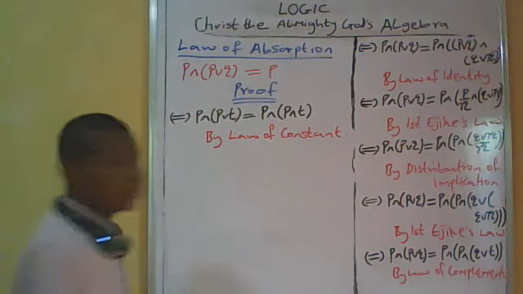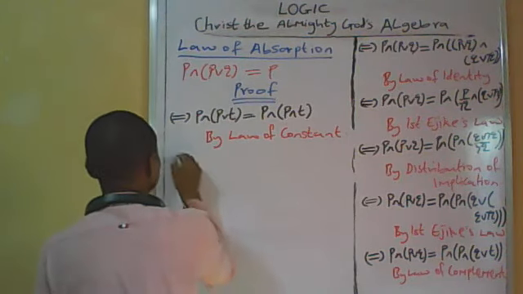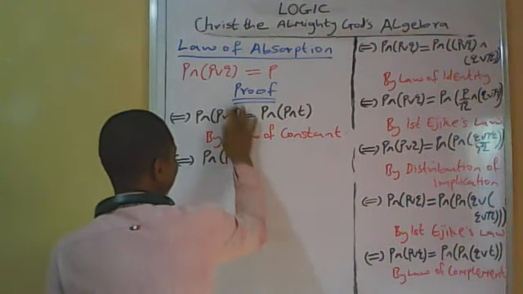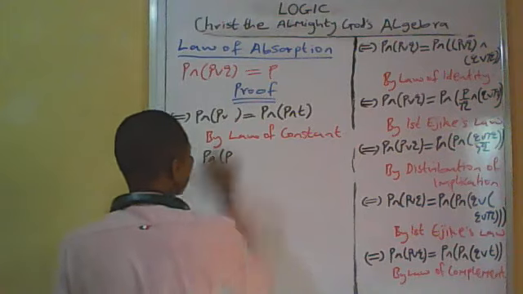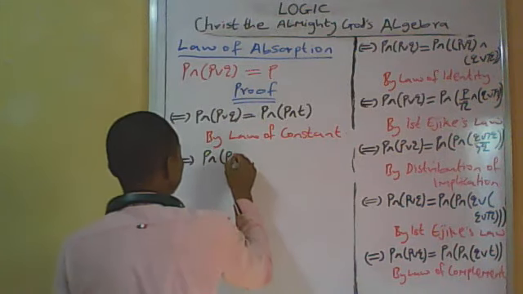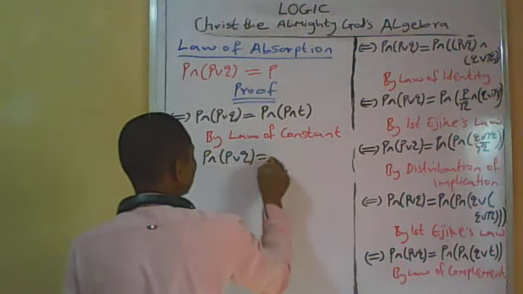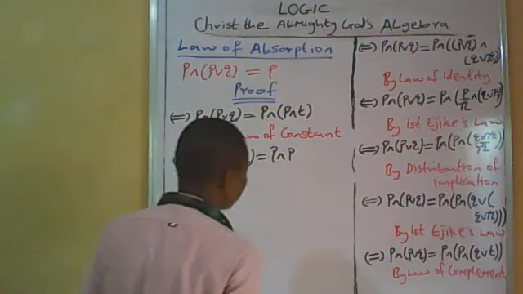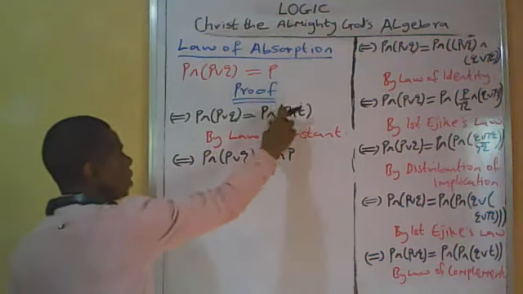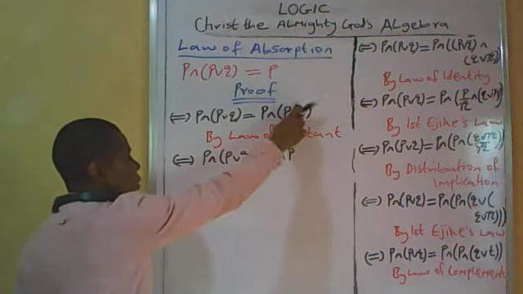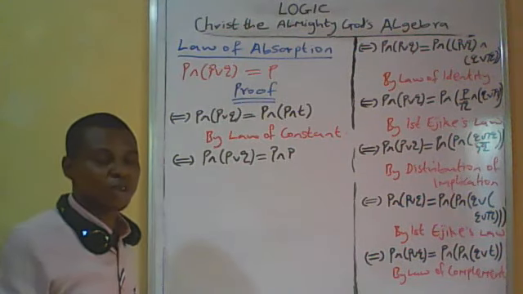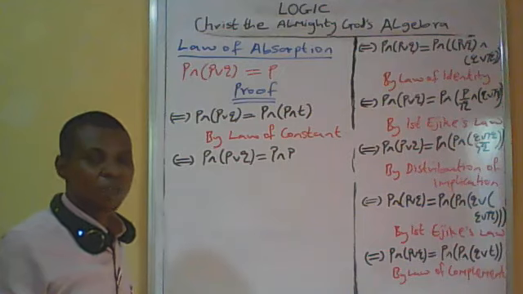If and only if P and bracket P, so this is Q. P or Q is equal to P and P. You see that this P and T is equivalent to P. They are logically equivalent by the law of identity.